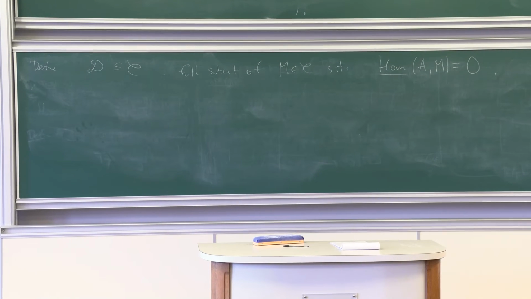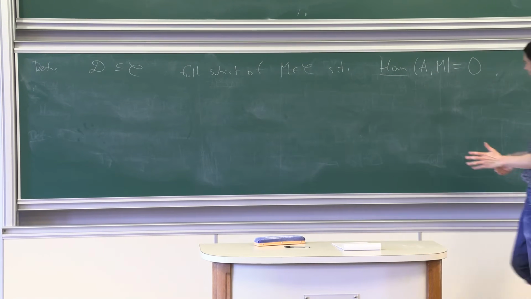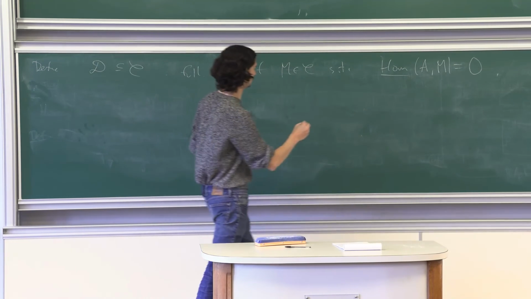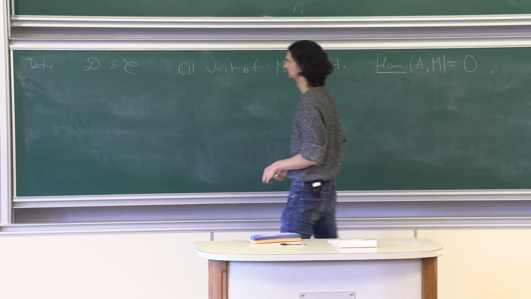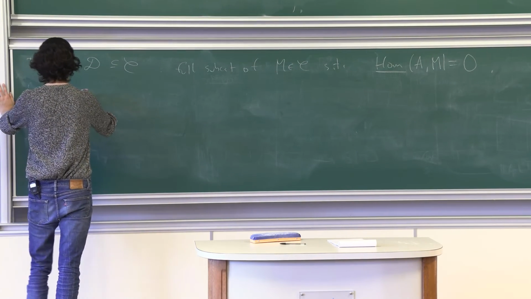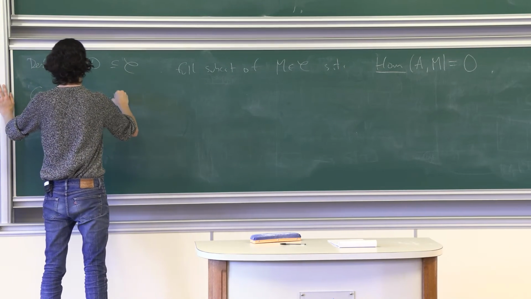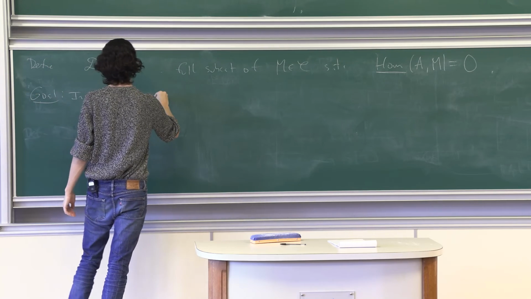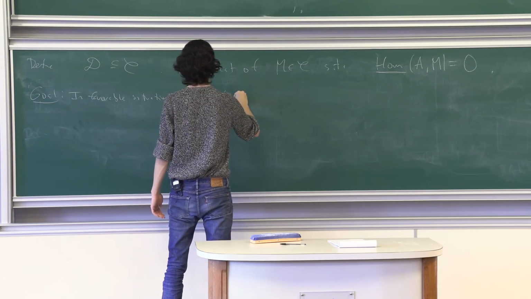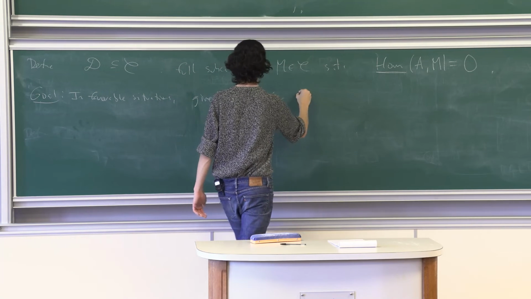So we're killing A. We're declaring that A should be equal to 0, but also in an internal Hom sense. And then the goal will be, in favorable situations, to give a formula for the left adjoint to the inclusion.